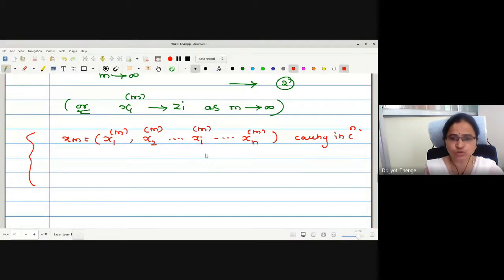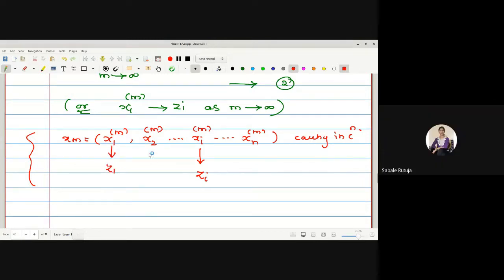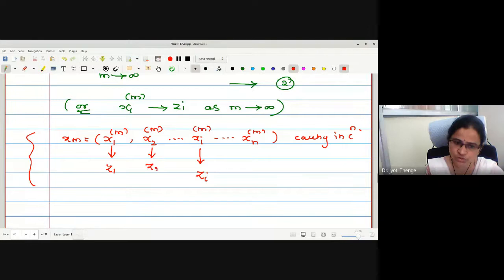Now what we have shown is that the sequence of ith coordinates converges to zi. Therefore, this sequence x1m converges to z1, this converges to z2, and this converges to zn. So what is my job to show now?